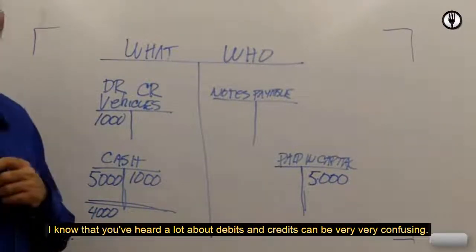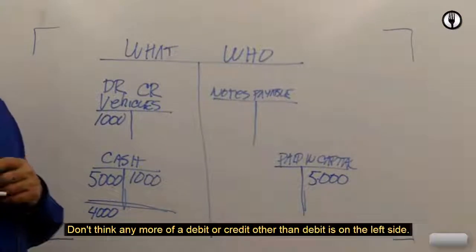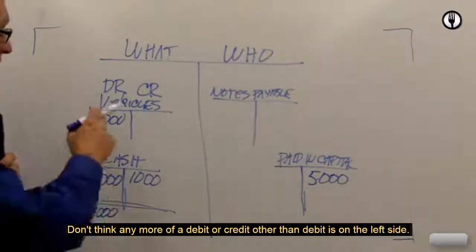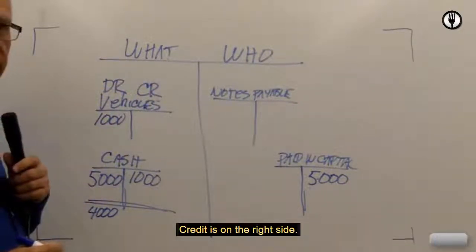I know that you've heard a lot about debits and credits. It can be very, very confusing. Don't think any more of a debit and a credit other than debit is on the left side, credit is on the right side.